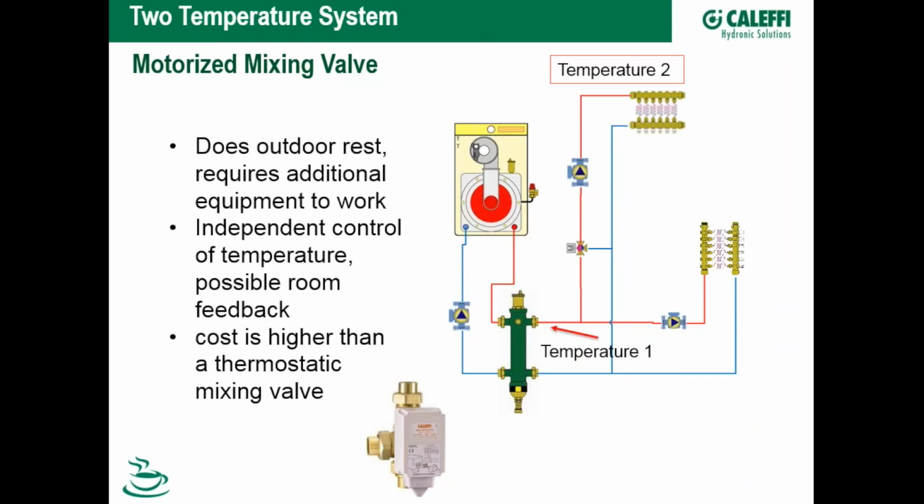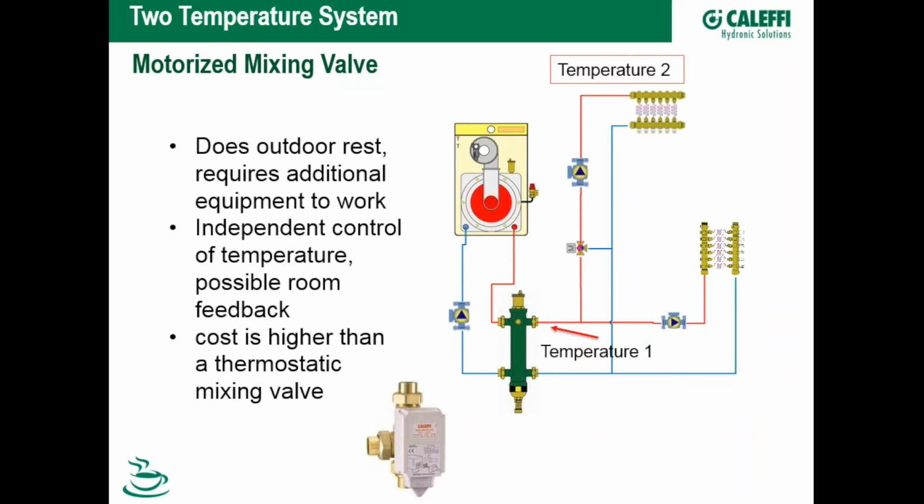So it requires an outdoor reset control, which requires an outdoor sensor. And I don't show it on the picture, but somewhere out on the piping of temperature number 2, there also has to be a sensor strapped to the piping to sense the outlet temperature so that the valve can modulate to drive to a specific set point.